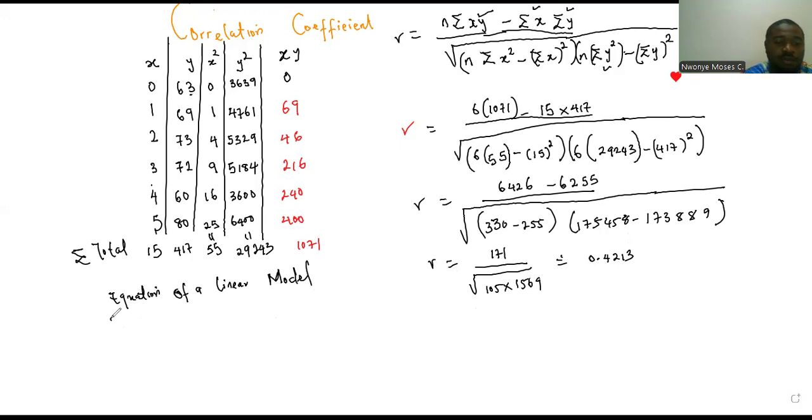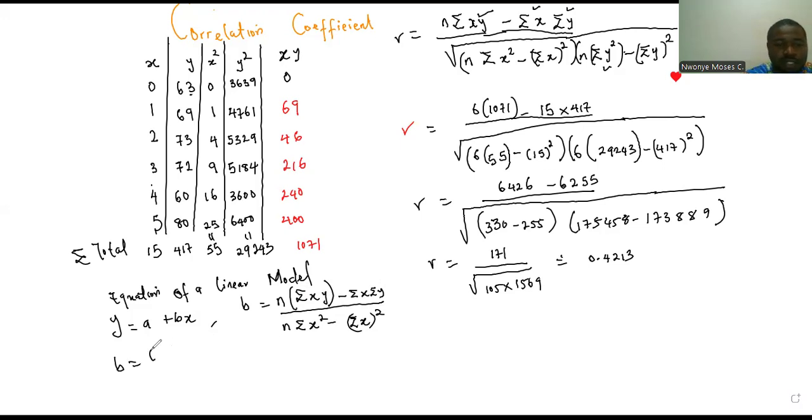Like we said, the formula is always A plus BX, but we can obtain B by using N multiplied by the sum of XY, minus the sum of X times the sum of Y, divided by N times the summation of X squared minus the summation of X all squared. So we can obtain B.